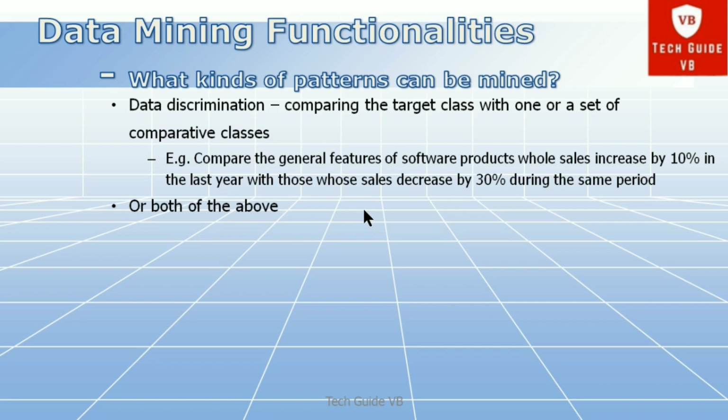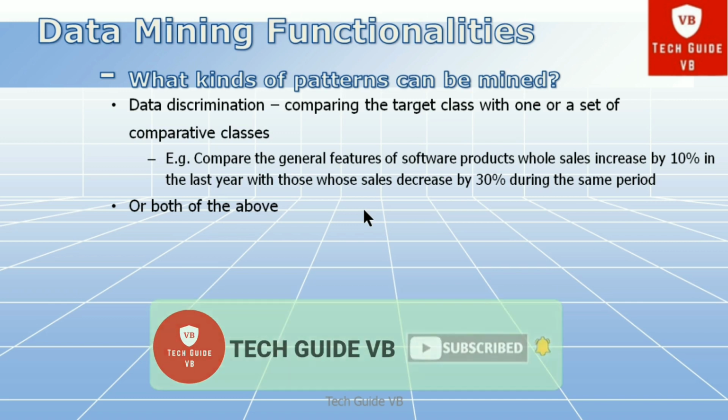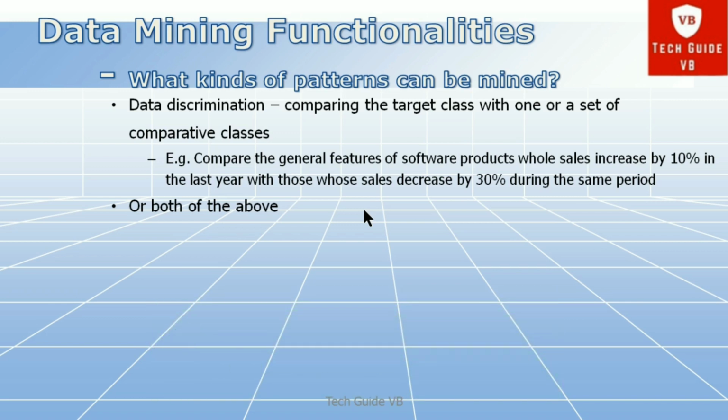So here we are targeting the sales and we are comparing the classes. That is, the first class is sales increased by 10% and the next class is sales decreased by 30% during the same period. For the comparison, we are taking the same period, because if we take a different period, then the comparison will not be correct.